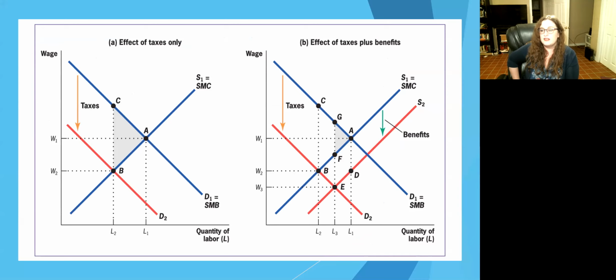Now we have the effect of taxes plus benefits. Step one was we went from the social marginal benefit line and we went to demand 2. This is the demand line after taxes. At that point, we had gone to point B. But let's say that we instead give that money to the supplier.